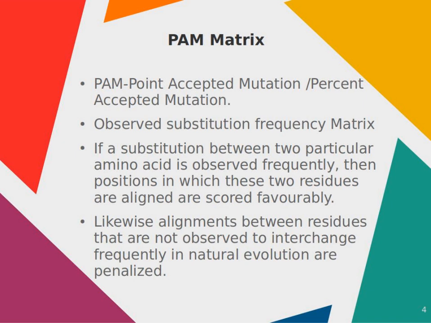If a substitution between two particular amino acids is observed frequently, then positions in which these two residues are aligned are scored favorably. Likewise, alignments between residues that are not observed to interchange frequently in natural evolution are penalized.